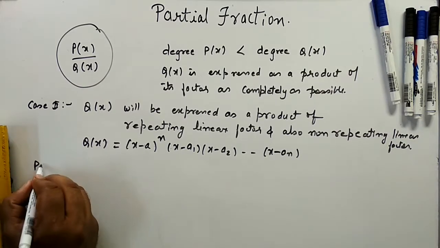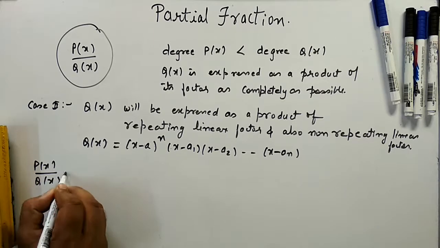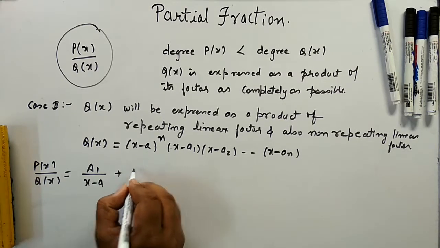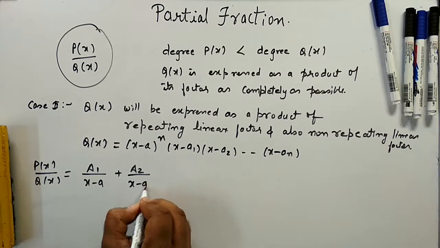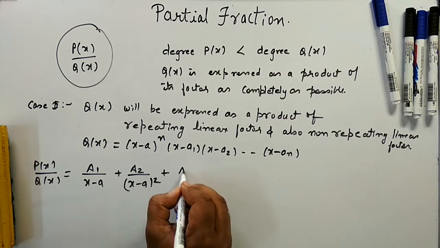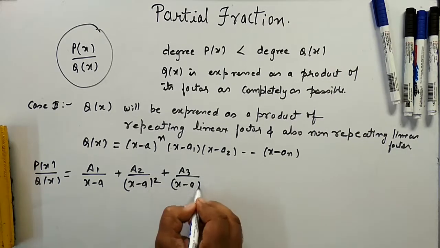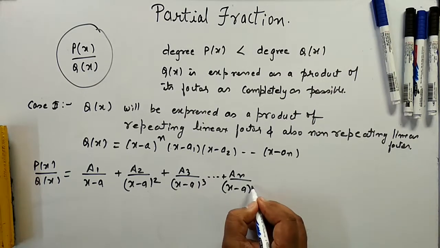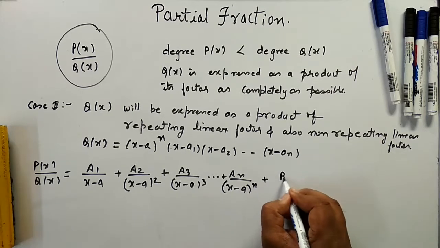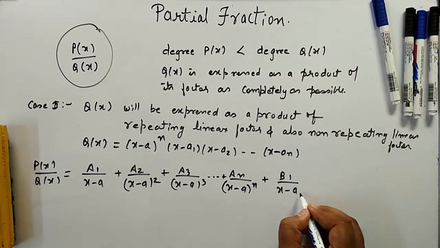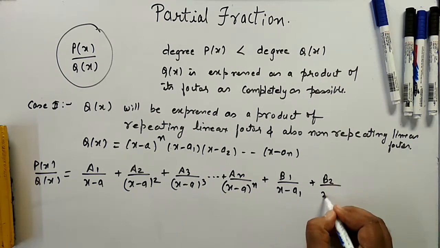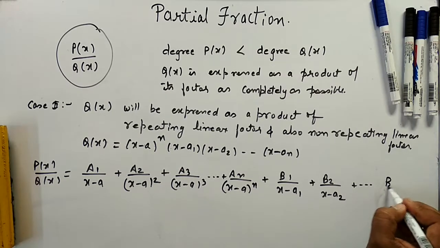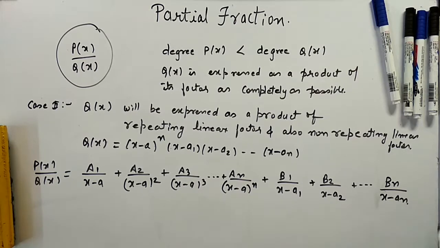So the partial fraction form of this will be a1 by x minus a plus a2 by x minus a square plus a3 by x minus a cube, going up till an by x minus a whole to the power n, plus b1 by x minus a1 plus b2 by x minus a2 up till bn by x minus an.